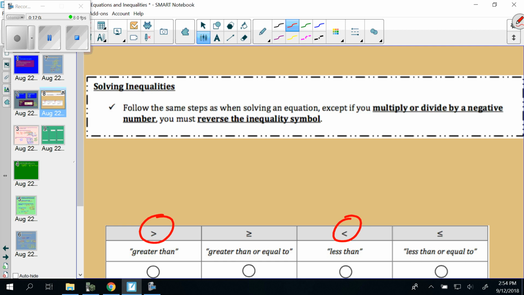You can also have greater than or equal to, so that means it could be bigger or equal to the original number, less than or equal to as well. When solving any of these inequalities, you solve it just like an equation, except if you multiply or divide by a negative number, then you must reverse the inequality symbol when solving.